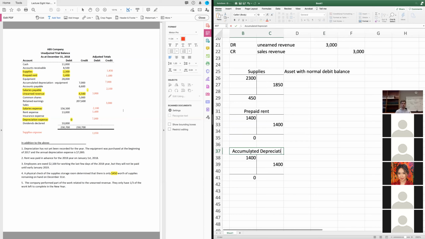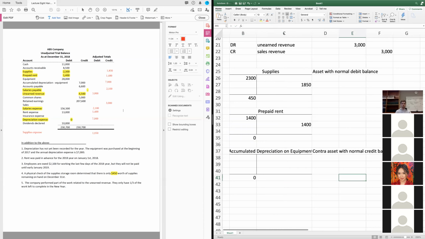Depreciation on equipment. This account is an asset account, a contra asset with a normal credit balance. So what's the opening balance here? The opening balance here is 7,000 credit.